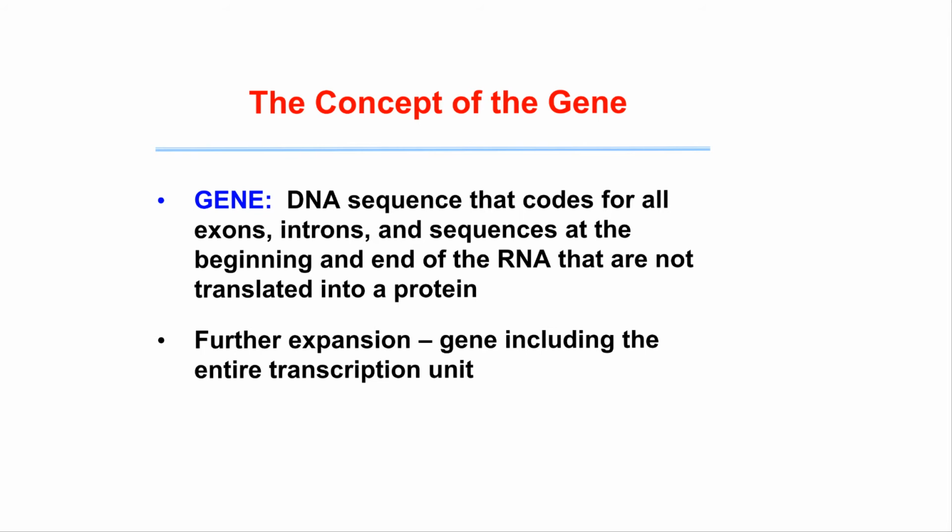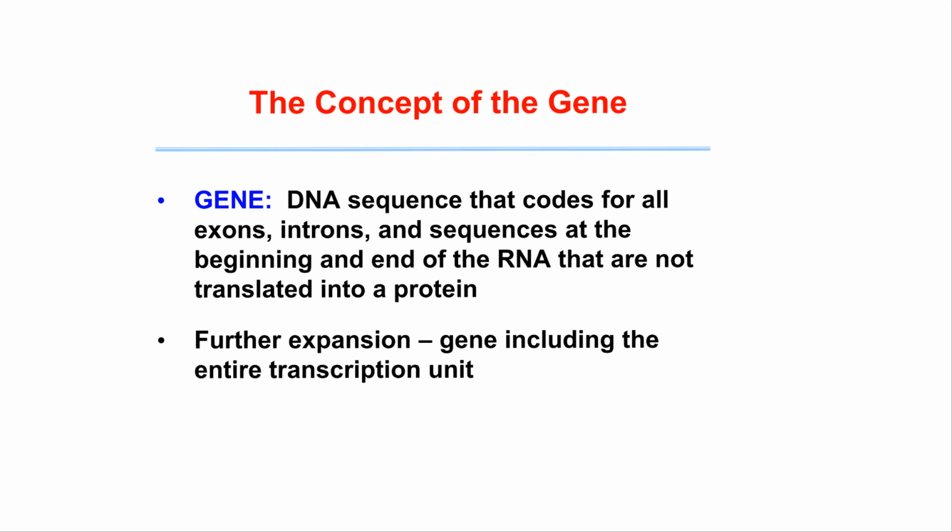However, because we know now that the structure of genes is much more complex, the concept of gene was changed, and it was proposed that we define a gene as a DNA sequence that codes for all exons, introns, and sequences at the beginning and end of the RNA that are not translated into protein.